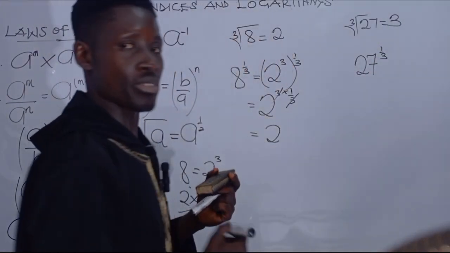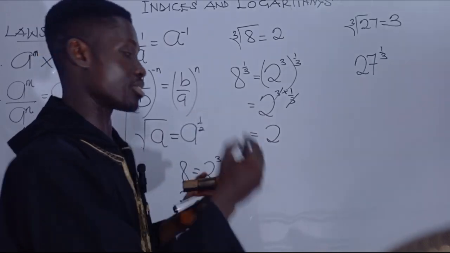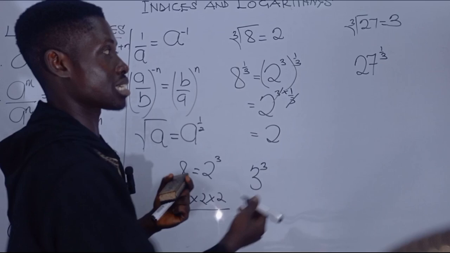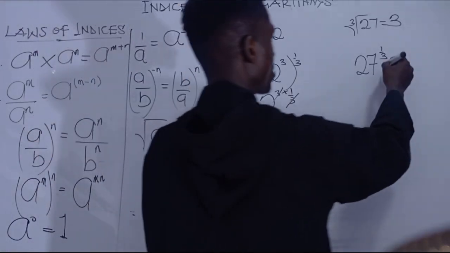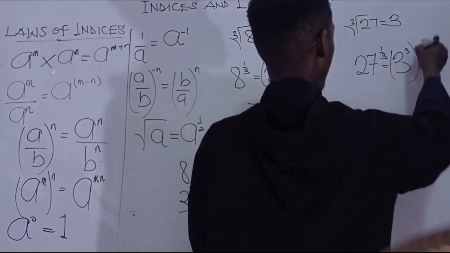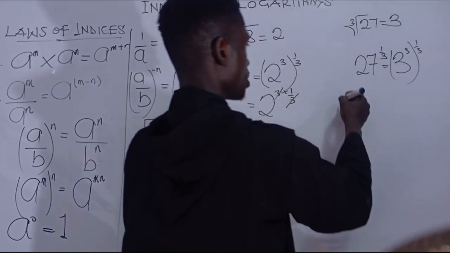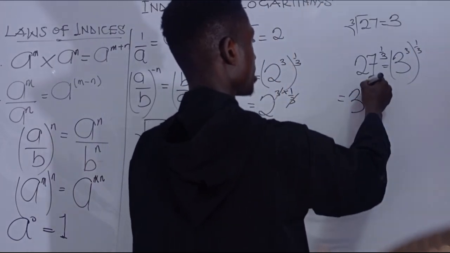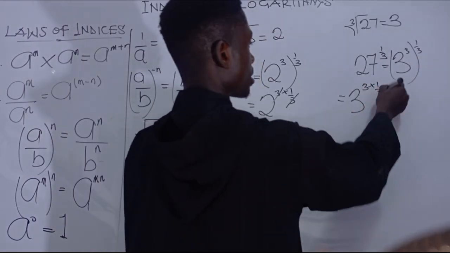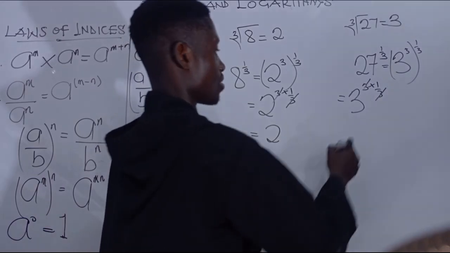Now 27 can be written in an index form as well, 3 raised to the power 3, because 3 raised to the power 3 gives us 27. So we can write this as 3 raised to the power 3 times 1 over 3. So this will cancel this, and we are left with 3.